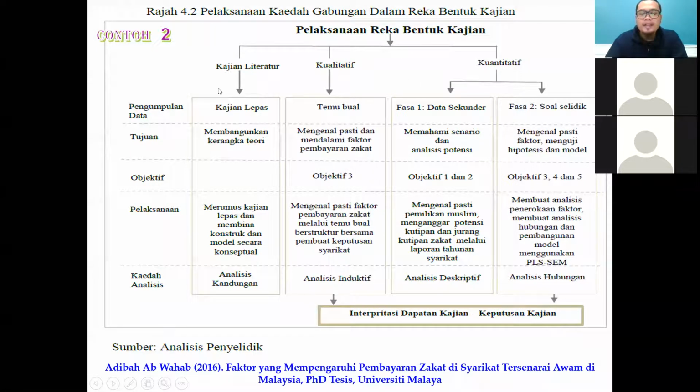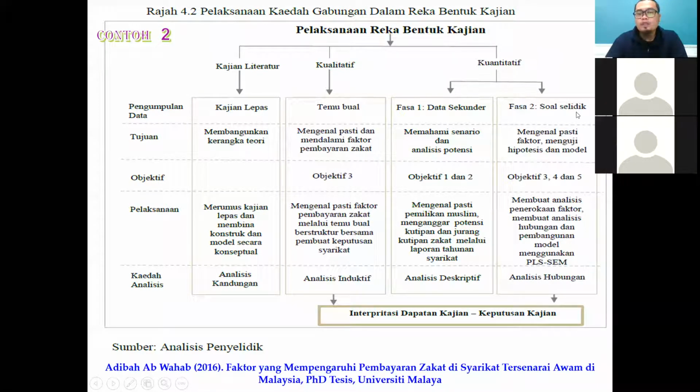In order to make a very good figure, they highlight that they have three types: literature review, qualitative, and quantitative. We go straight to the data collection. Literature review is based on previous studies. For qualitative, they use interviews as the instrument.